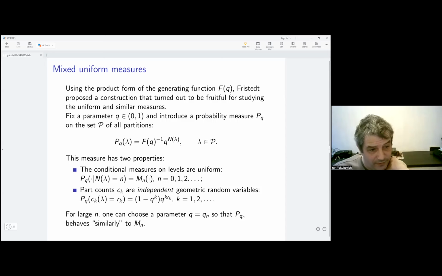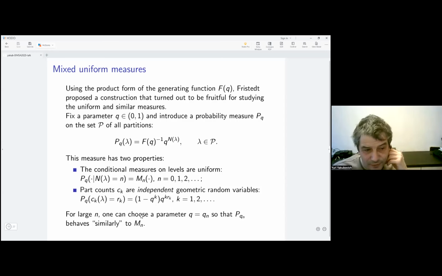We do it as follows. We assign a weight q to the power of the size of the partition to each partition lambda, where q is some parameter between 0 and 1, and then we normalize it by the generating function, or partition function, to get a probability measure.